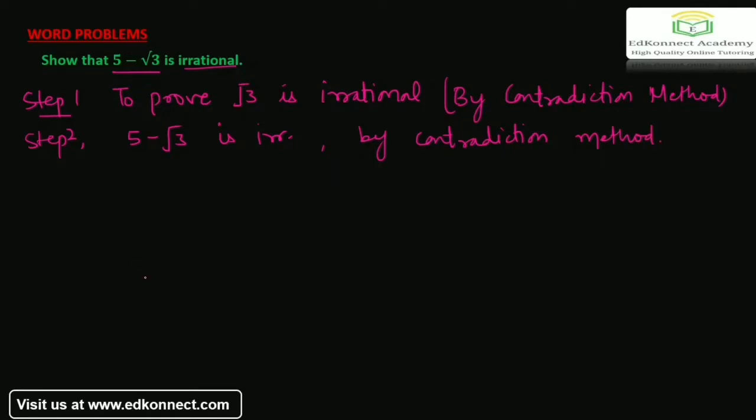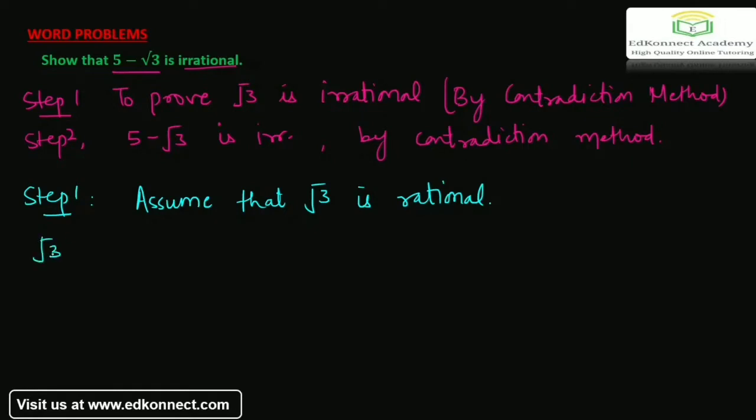So for step 1, let us assume that root 3 is rational. Then if it is rational, I can write it in the form a by b, where b is not equal to 0 and a and b are coprime.